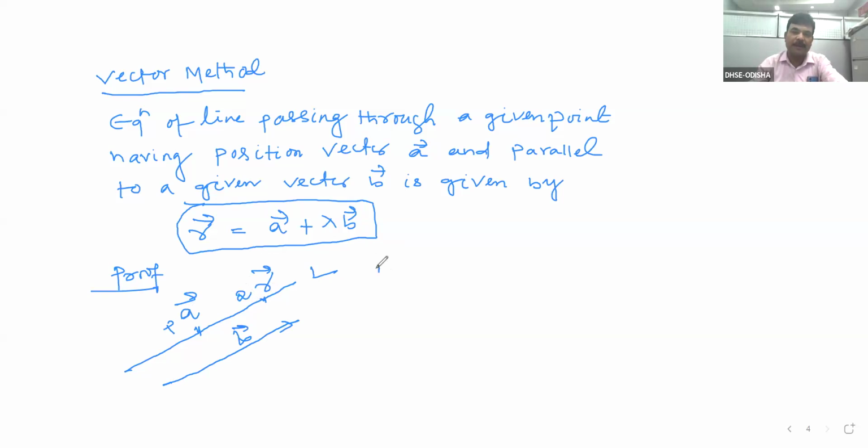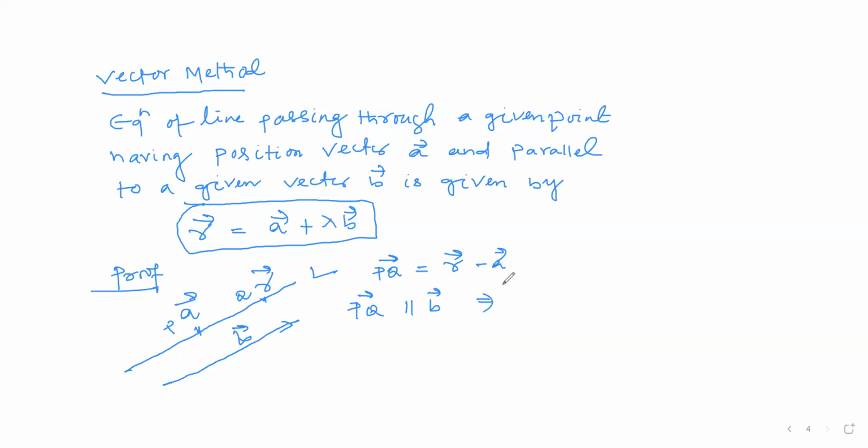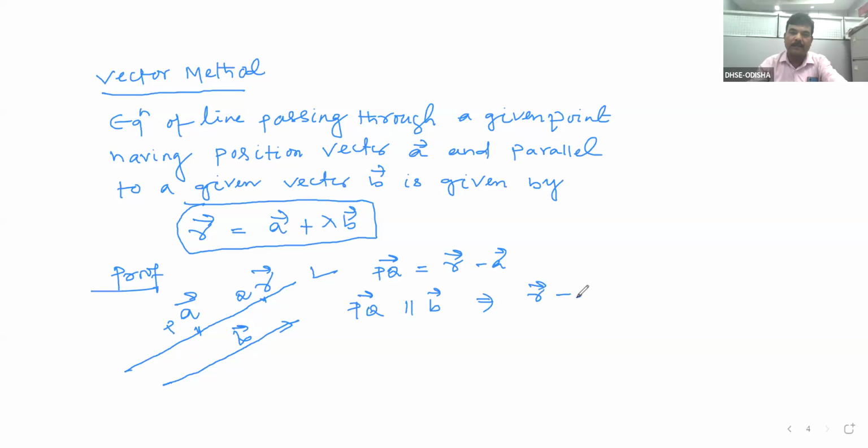So vector PQ, that is the displacement vector, is equal to r bar minus a bar. So PQ is parallel to b. If two vectors are parallel, then one of the vectors is a scalar multiple of the other. r bar minus a bar is equal to lambda times b bar, where lambda is a scalar. This implies r is equal to a plus lambda b, right?